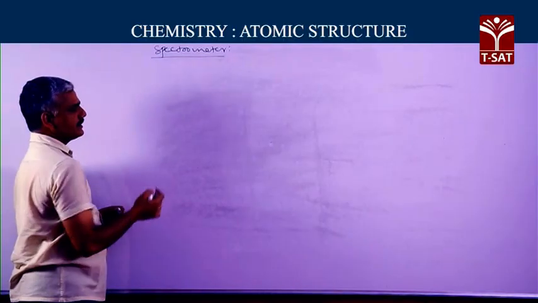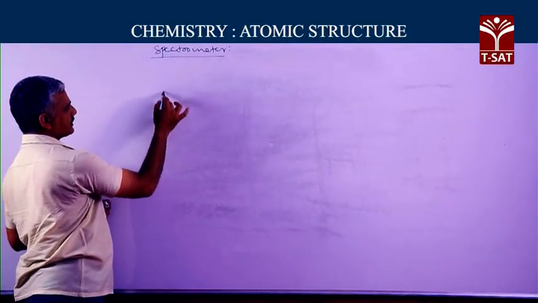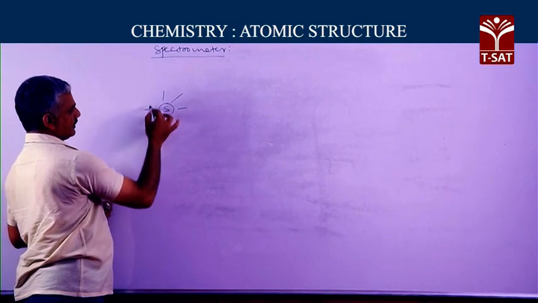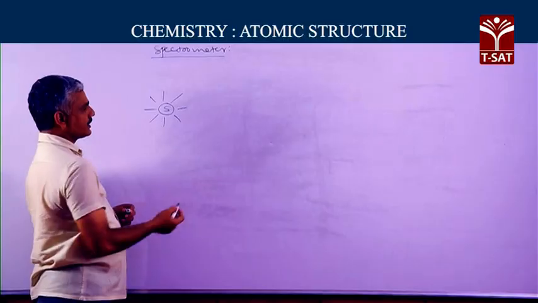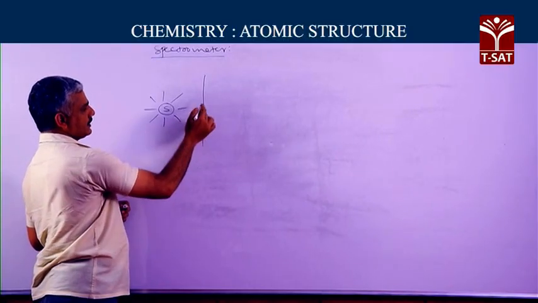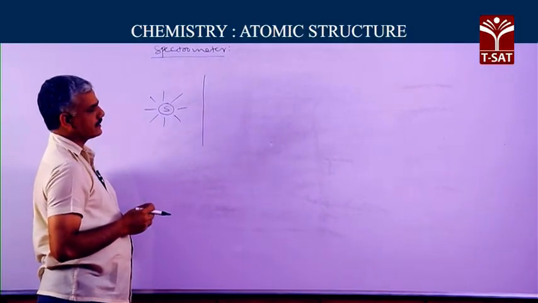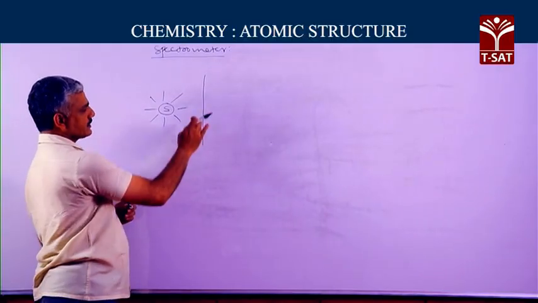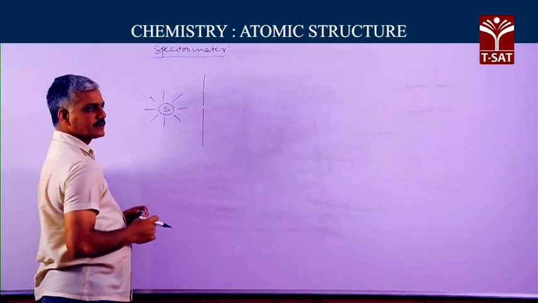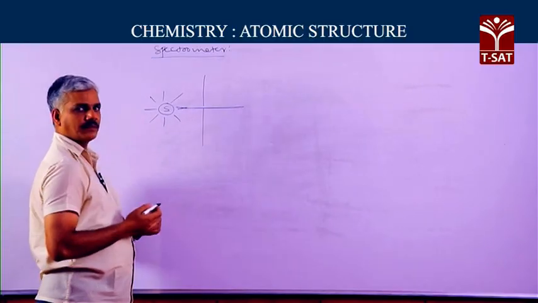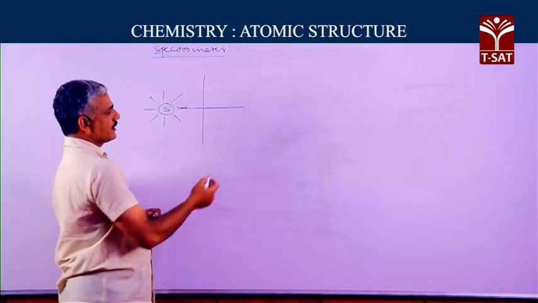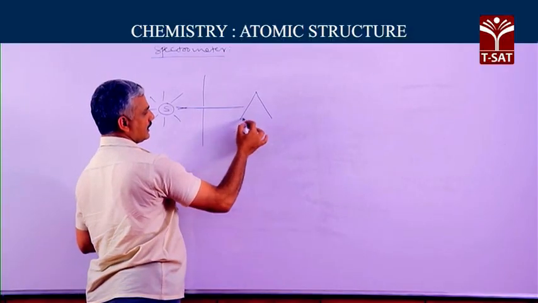It has the following parts. One is called the source of radiation, which emits electromagnetic waves in all directions. This source is placed in a concealed box with a small aperture so that we can get an intense and uniform beam of light that can be passed through an analyzer.